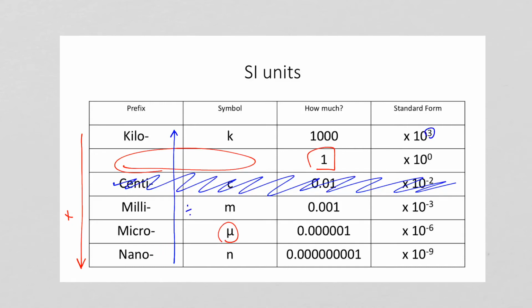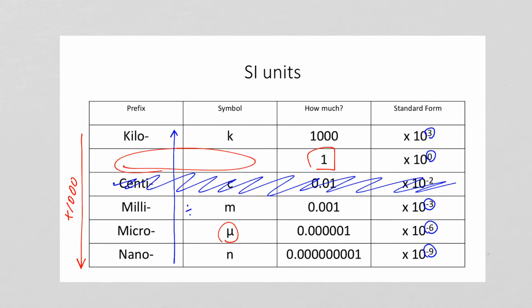Well, you'll see that there's a difference in the power of 3 as you go down, and that's why we're ignoring centimeters. So when you were going from kilo to meters, you were going to multiply by 10 to the power 3. When you were going from meters to millimeters, you were going to multiply by 10 to the power 3, by 1,000. So every step you take, kilo, meter, milli, micro, nano, you're going to multiply by 1,000.